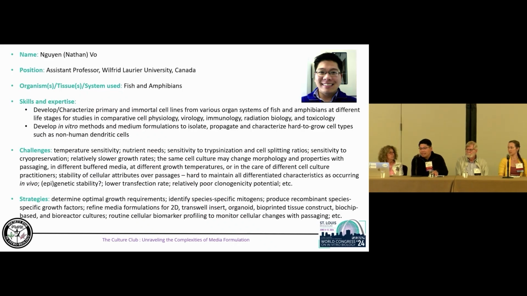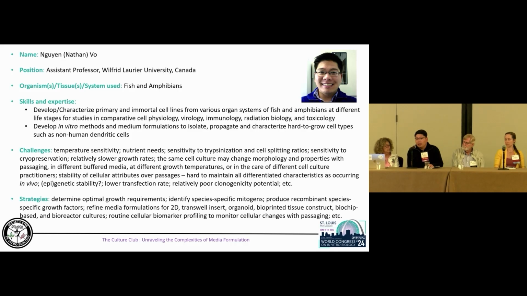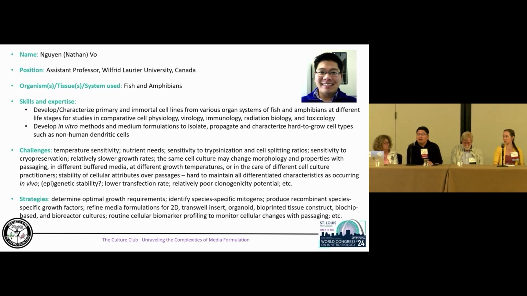So I've spent the last 15 years doing fish and amphibian cell cultures. I have developed and characterized many cell lines from fish and amphibian in the past, probably over 40 by now. I have worked with different life stages of different fish and amphibians.